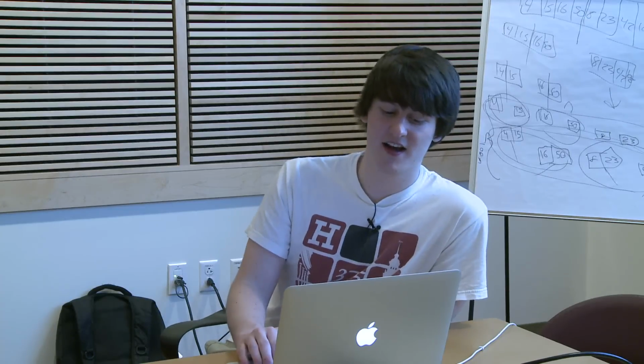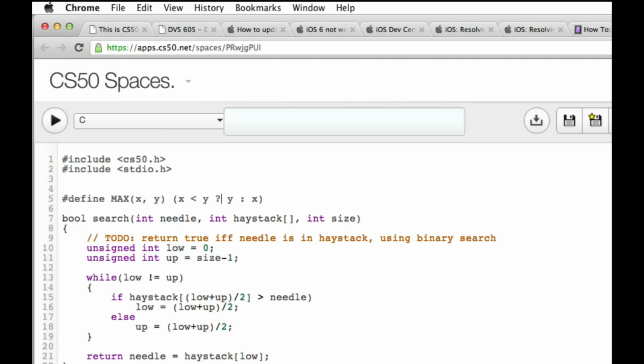So you could see you can make this a separate function, and the function could be like bool max takes 2 arguments, return this. But then it doesn't need to. This is one of the most common ones I see done like this. We call them macros. So this is a macro, and this is just the syntax for it. You can write a macro to do whatever you want.